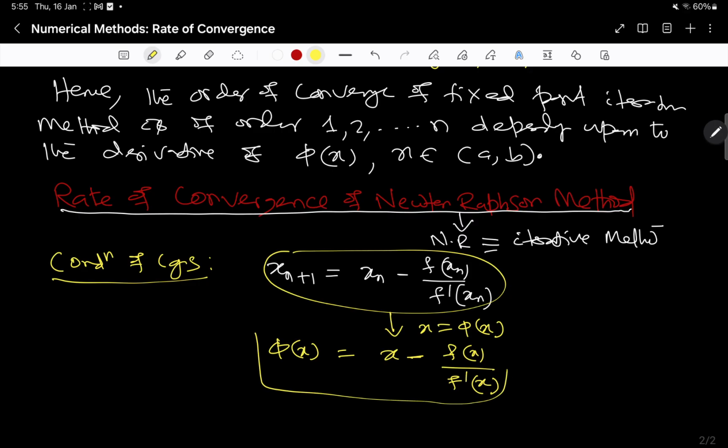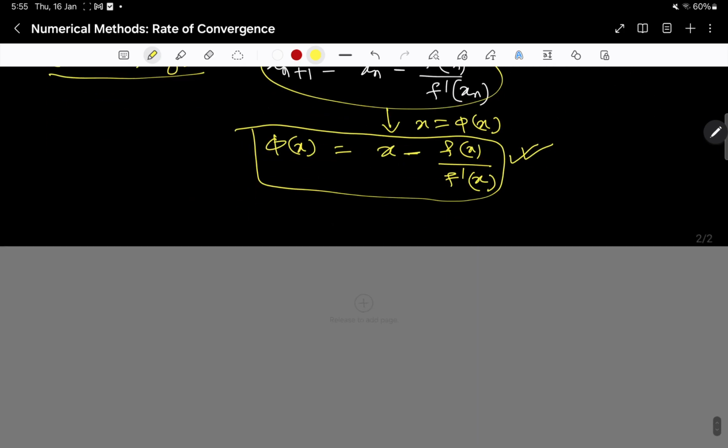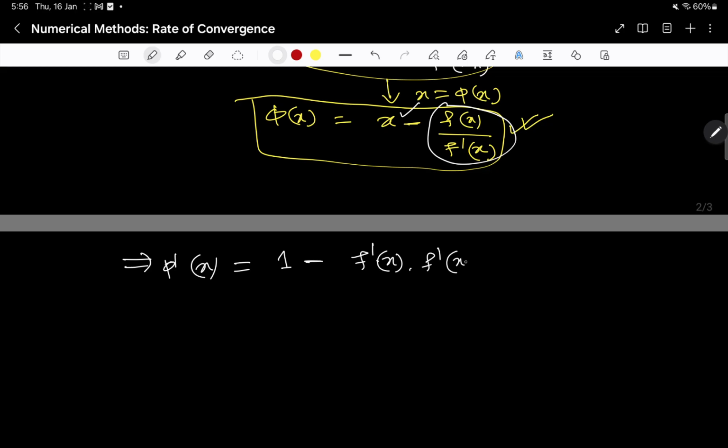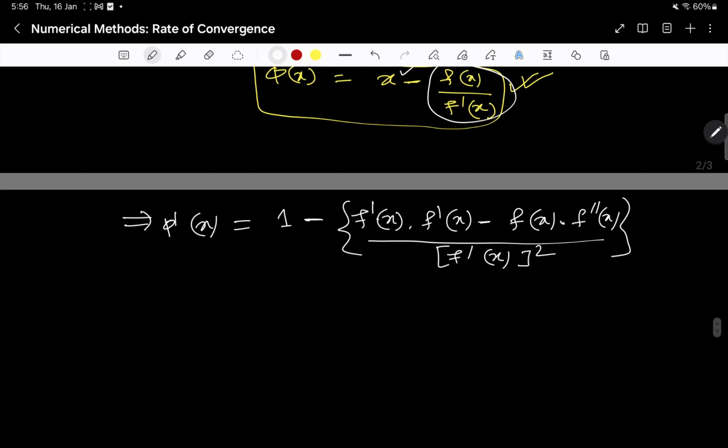So in view of the fixed point iteration method, we can compare it with this. Now what is phi dash x here? You just find the derivative. Derivative of x is 1 minus, using the division formula, derivative of first, f dash x, times the second, f dash x, minus the first, f x, times the derivative of the second, f double dash x, divided by the square of the second, f dash x squared.